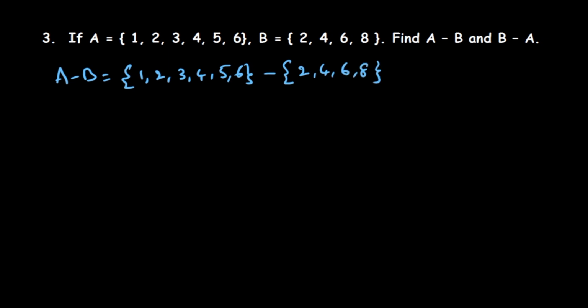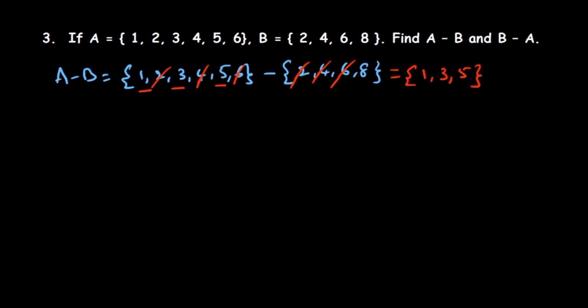Okay, so common elements should get cancelled here. What are the common elements? 2 is common, 4 is common, 6 is common. Then we get the remaining elements from the set A. That set A remaining elements we have 1, 3, 5.